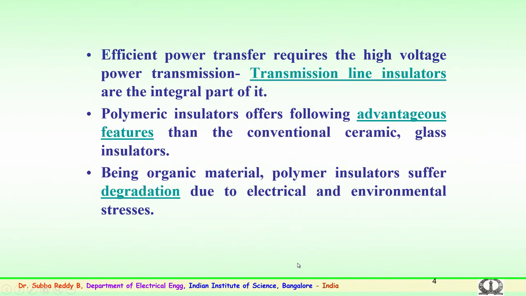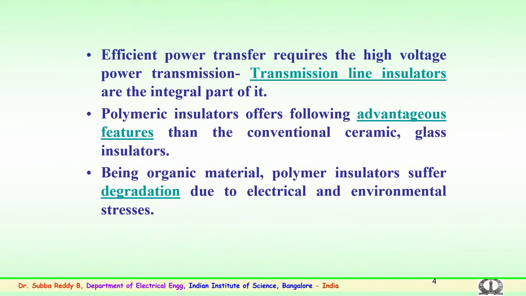So, we know that efficient power transmission requires high voltage, and transmission insulators, which form an integral part, are very important components, whether ceramic, glass or polymer. Polymer insulators offer many advantages over conventional ceramic or glass ones. But being organic, they suffer degradation. This is a very important point to be noted.